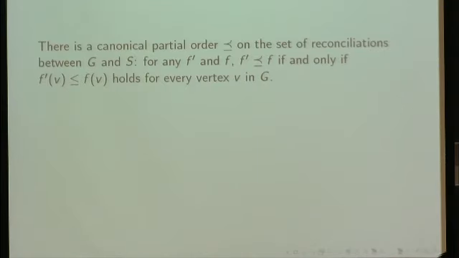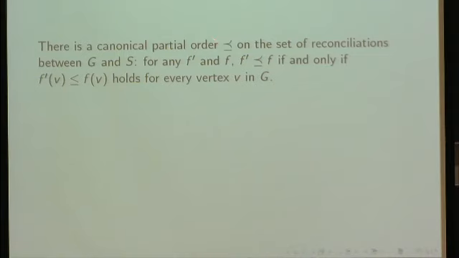Okay, so far so good. But what is the advantage of talking about these things? One thing is we can talk about all reconciliations between G and S in general. And one nice thing about this set is that we have a very natural order on it.